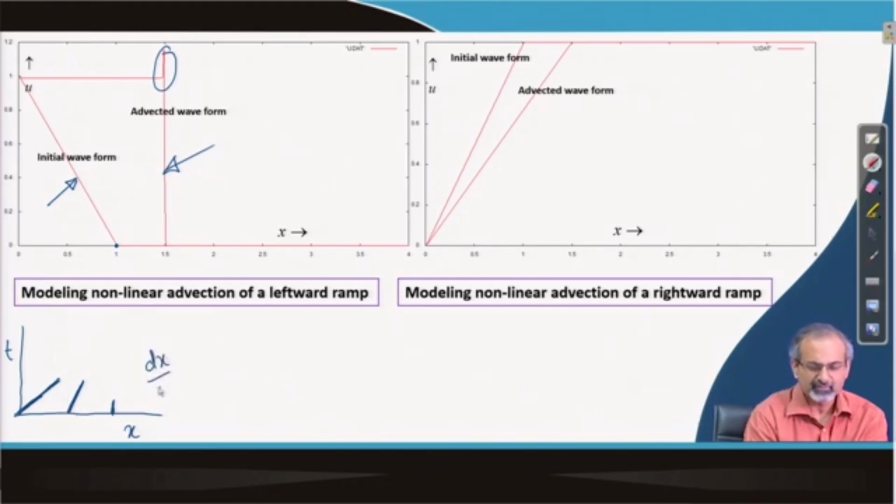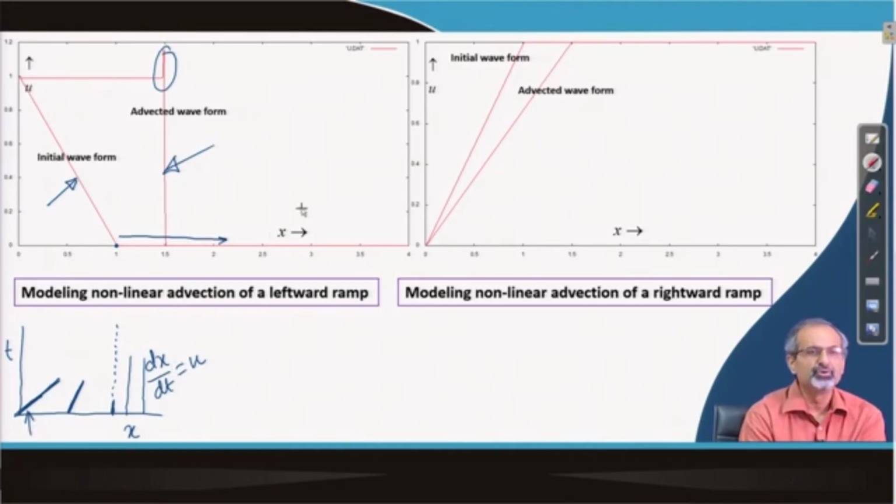Because dx/dt is equal to u along each characteristic, right. So, with passage of time this characteristic does not see any change because it is stagnant there. All characteristics beyond that also are vertical because it is stagnant here, but the one that you have over here at x equal to 0 is moving with u equal to 1. So, you will actually have a 45-degree inclination here because dx/dt is equal to 1.